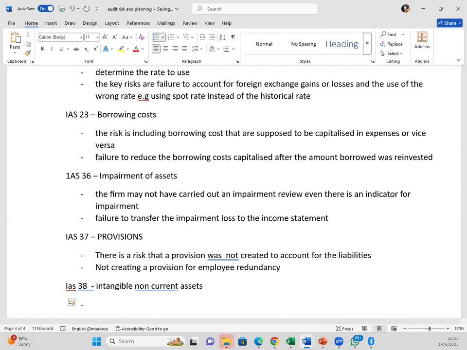For intangible non-current assets, which are the key risks here? The first key risk we can talk about is amortization cost. Remember, intangible assets are not depreciated, but they are amortized. So failure to amortize, especially if it's the first intangible asset that we have, failure to amortize the intangible asset.